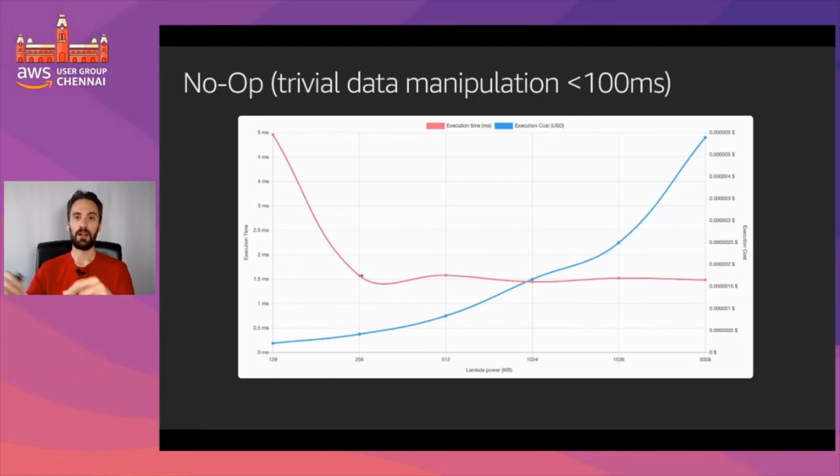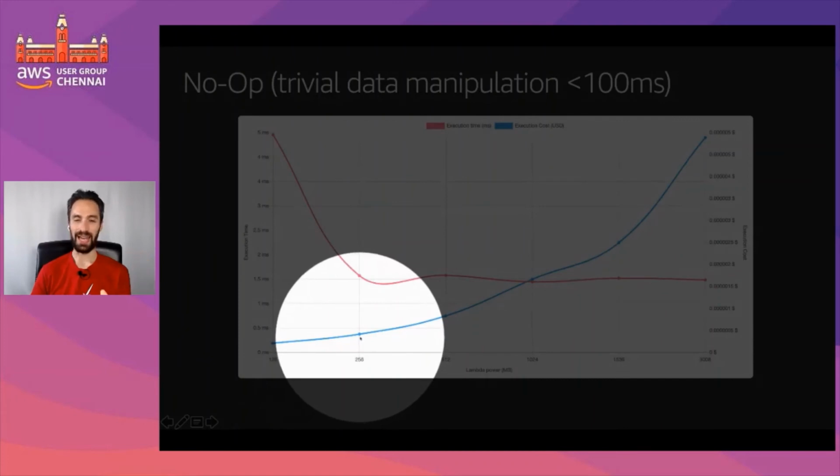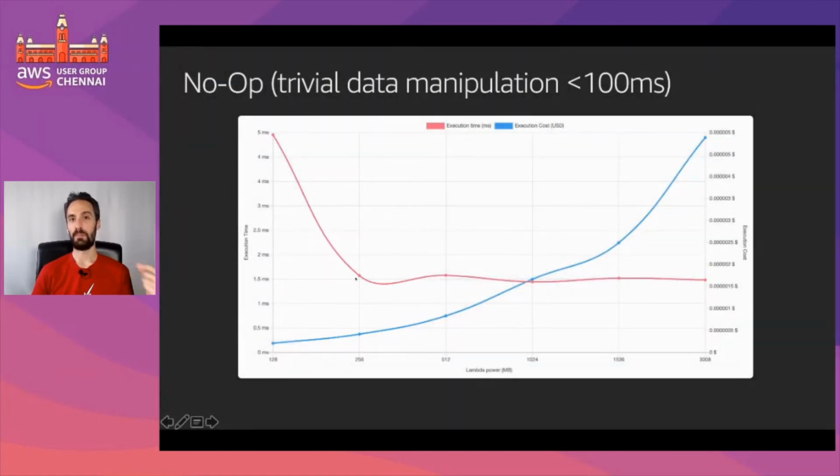But if this was part of a microservices architecture with many different services talking to each other, and you can shave off 5, 6, 10, 15 milliseconds from each component of the architecture, you might end up saving hundreds of milliseconds in the overall user experience. So keep in mind, you may be tempted to just use the 128 memory configuration, but if you just give it a little bit more power, you might end up with better performance. And don't trust me, just try this with your function and see what happens.